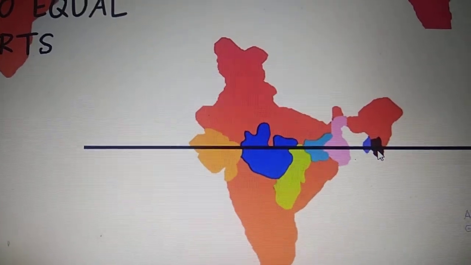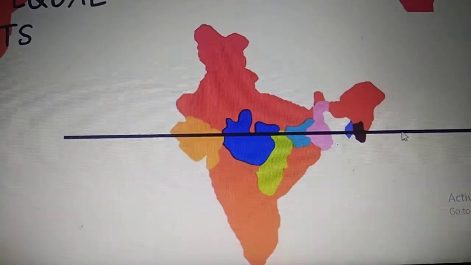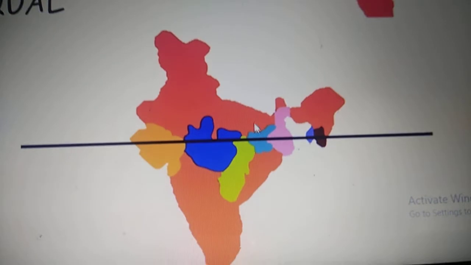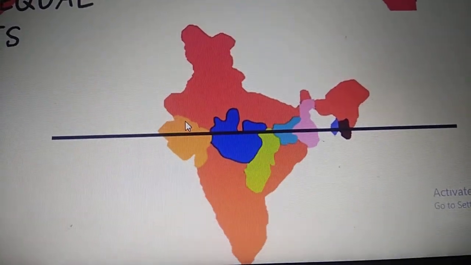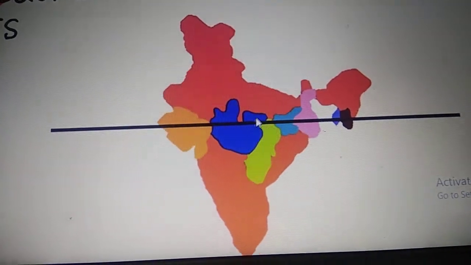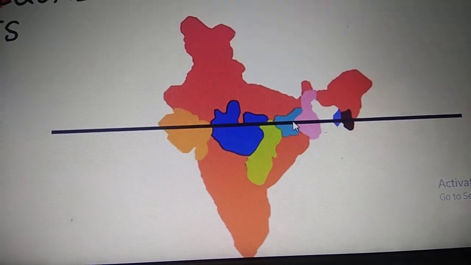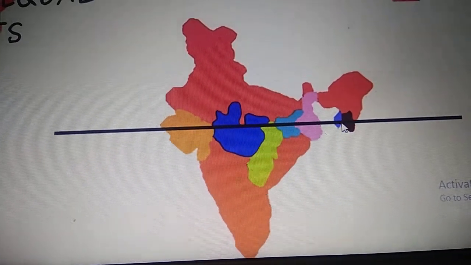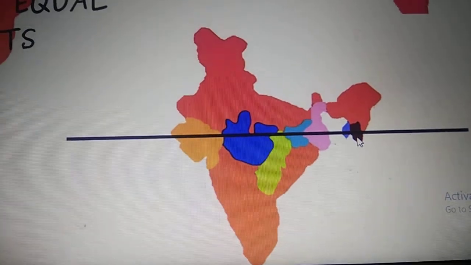So these are the states where the Tropic of Cancer passes through our country and divides it into two equal halves. Again I repeat, Rajasthan, Madhya Pradesh, Chhattisgarh, Jharkhand, West Bengal, Tripura and Mizoram.